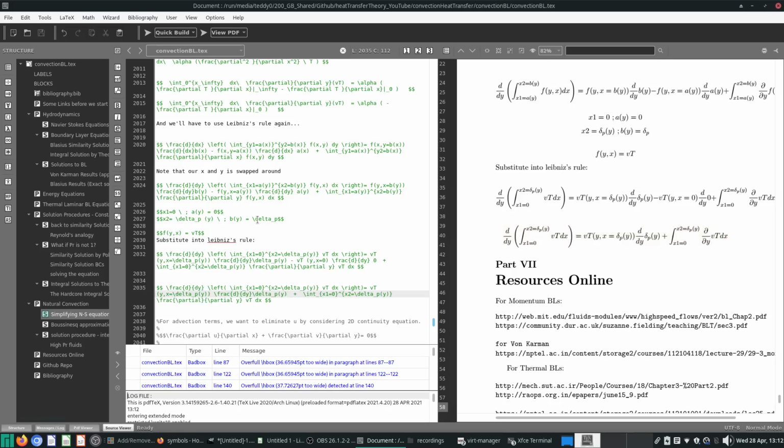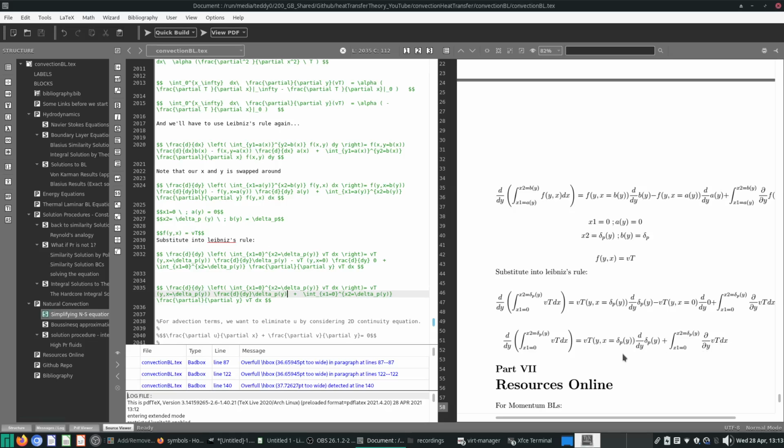Now, it's a good thing that this so-called boundary layer, when we evaluate at this boundary layer, v equals to 0.